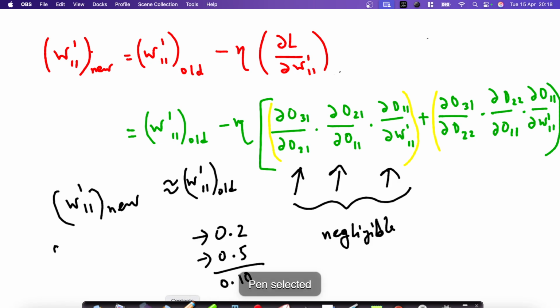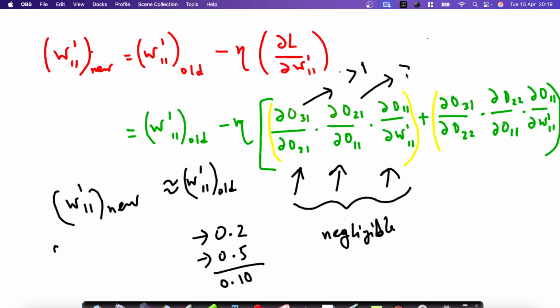Not sigmoid, not tanh, some other activation functions. I'll not name them now. Let us keep it for the RNNs. Just understand, those derivatives will give you certain values which are greater than 1.